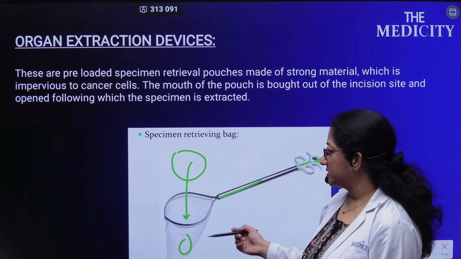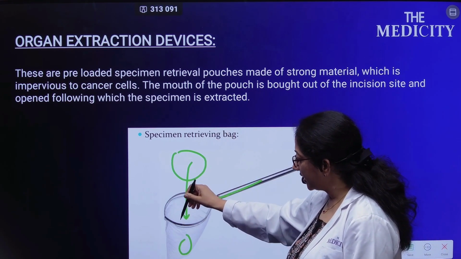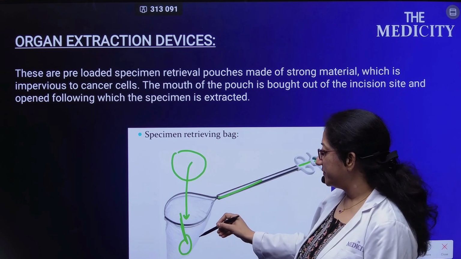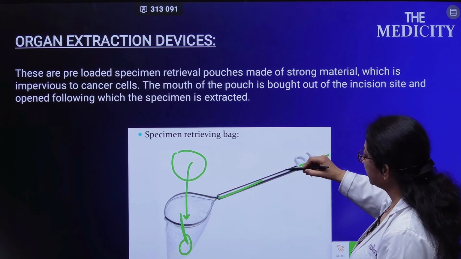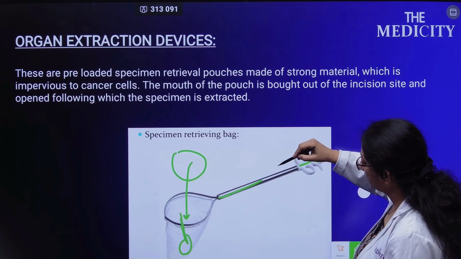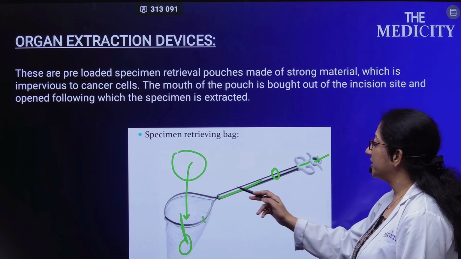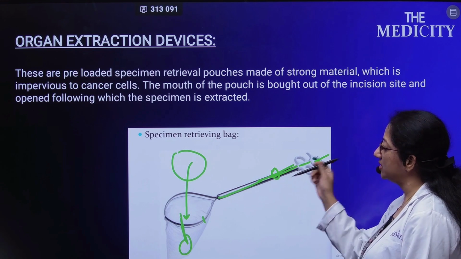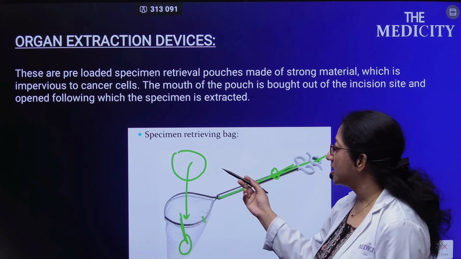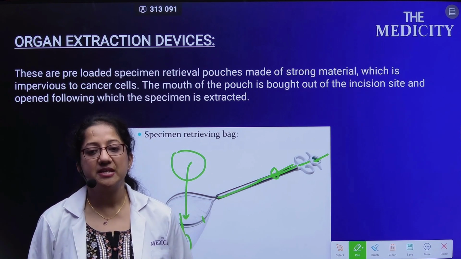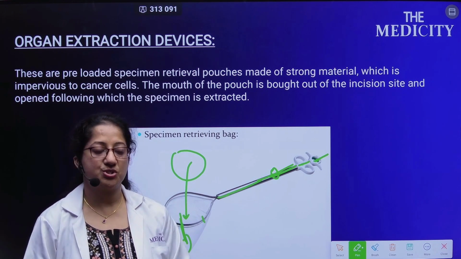If it is a very big cyst, we can put a suction directly here and rupture it and suck it out in the bag itself. But if it is not very big, then this is the skin hole where we have put this endo bag through. We can pull it out and slowly using an artery forceps, we can take out the cyst piecemeal. So this instrument is very important for us, especially for preventing any spillage during the surgery.